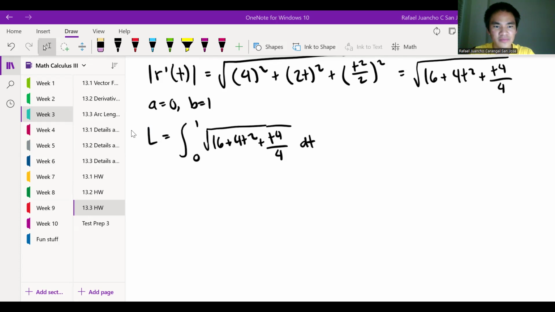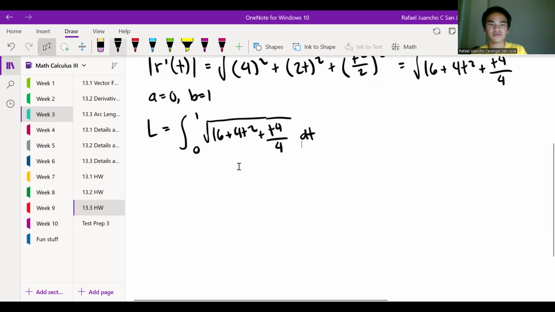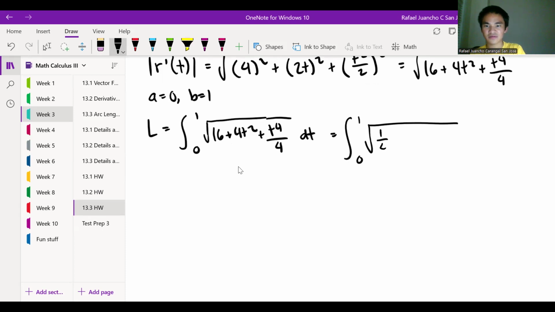We calculate the magnitude. Okay, so we can factor out a 1/4 out of this thing. And then we do a completing of the square. So I could factor out a 1/4 here. So this is 0 to 1. I factor out a 1/4, and so I get t to the fourth plus t squared plus 16.